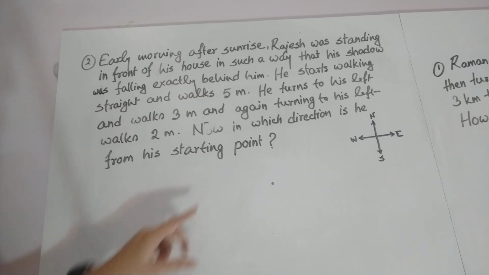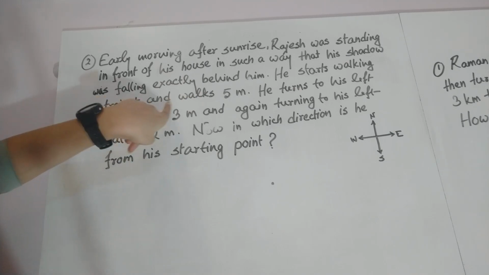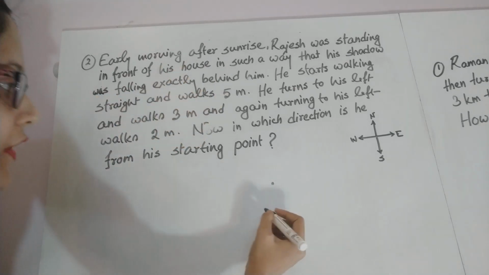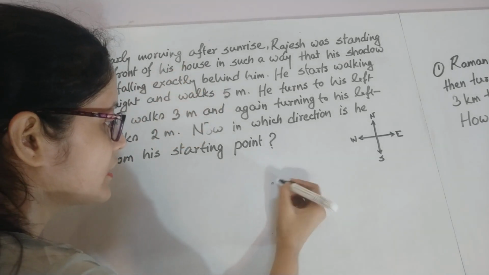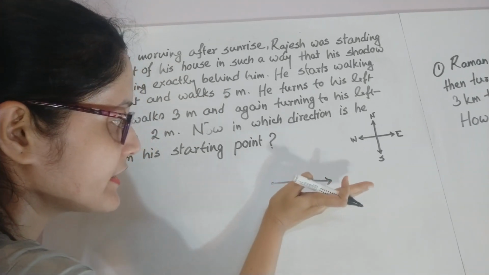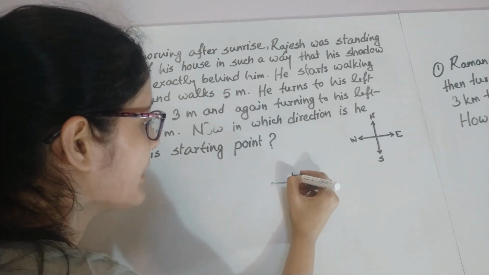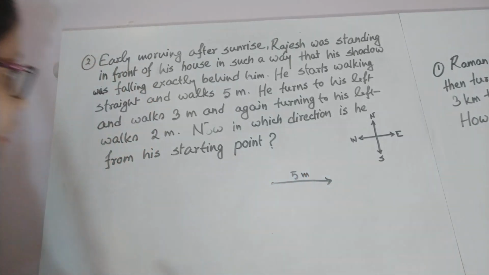Then from there he starts walking straight and walks 5 meter. He was facing in this direction and he starts walking in these directions 5 meters. Okay, he turns to his left.